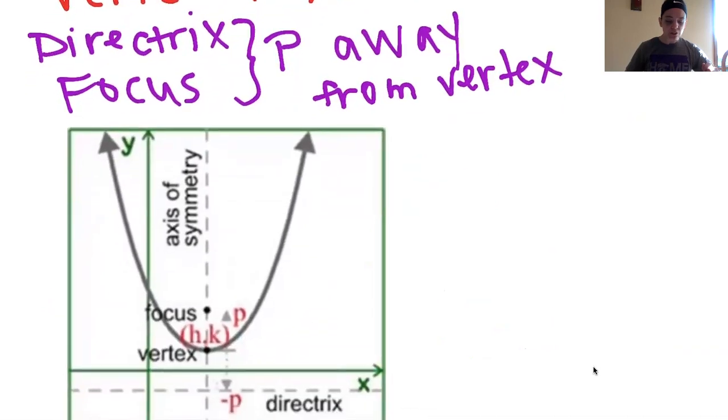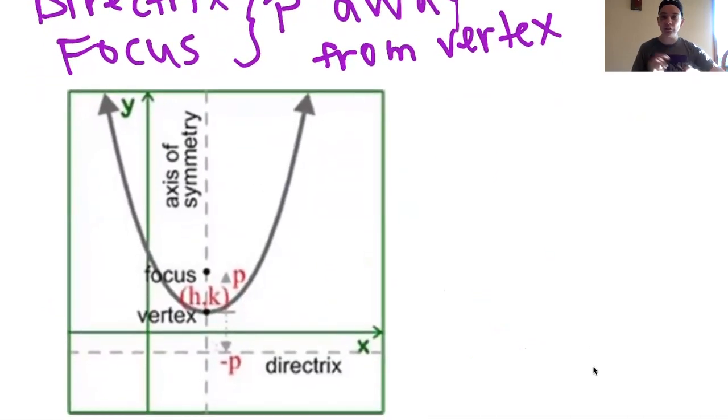So here's a picture of what it's going to look like. The first thing that you are going to draw is your vertex. Then whatever P is, you're going to count P along the axis of symmetry inside your parabola. So if it's opening up, you're going to count up. If it's opening down, you're going to count down.